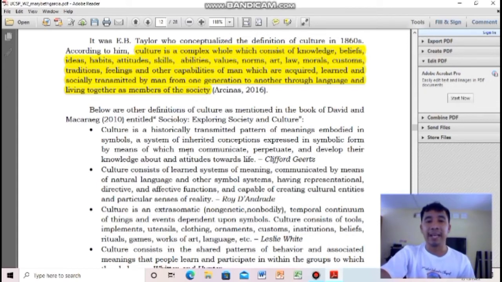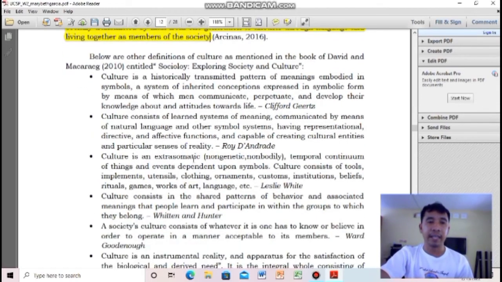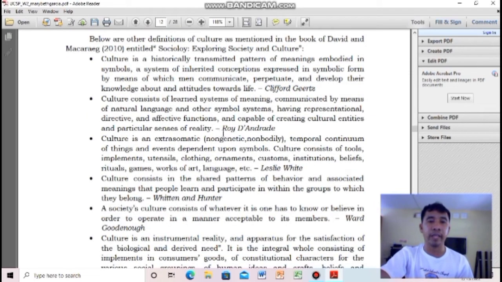O ang pagbalhin sa mga simbolo or simbolismo nga ginagamit sa tao nga makipag-communicate or magkabuhi together as society. Second is, according kay Roy D. Andrade, culture consists of learned systems of meaning communicated by means of natural language and other symbol systems having representational, directive, and affective functions and capable of creating cultural entities and particular senses of reality.